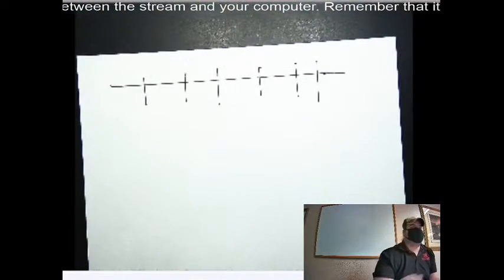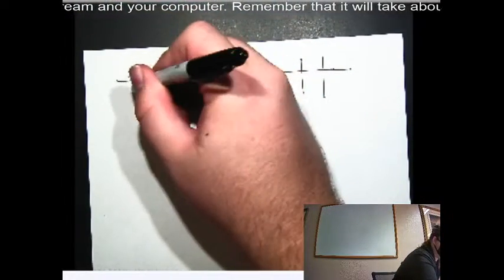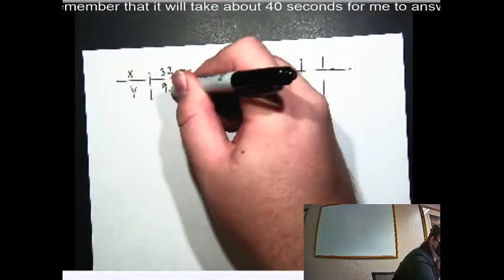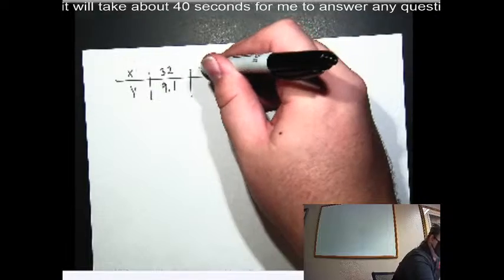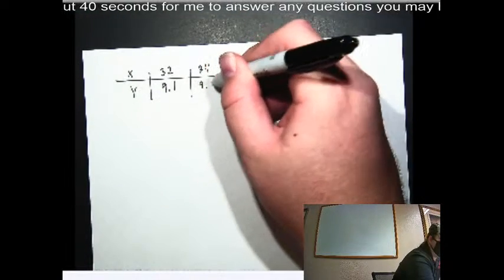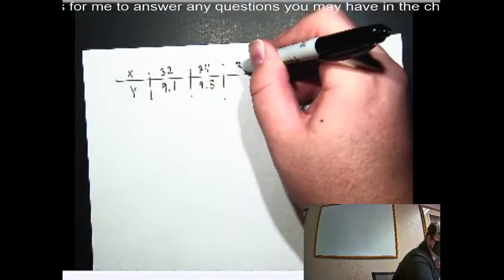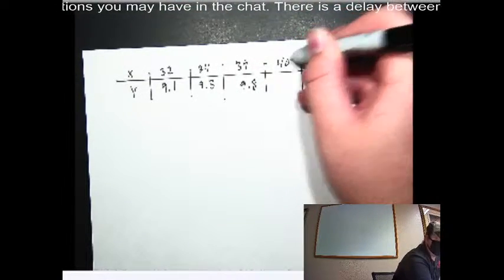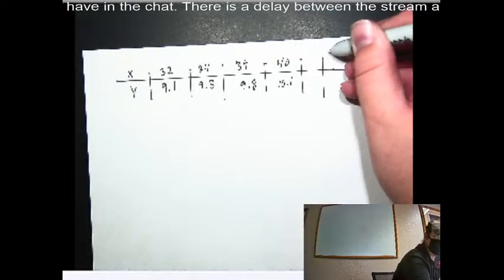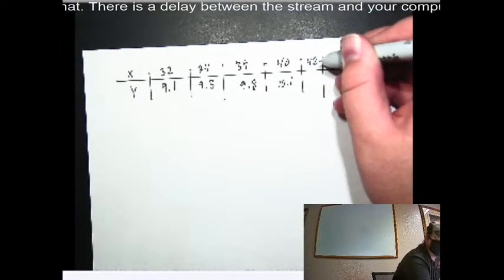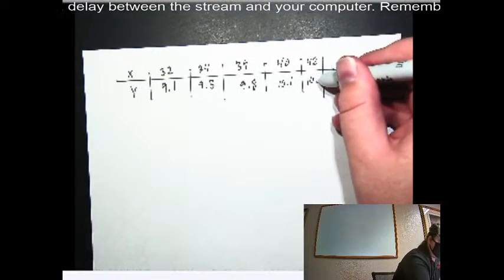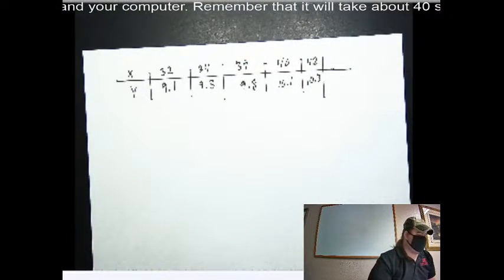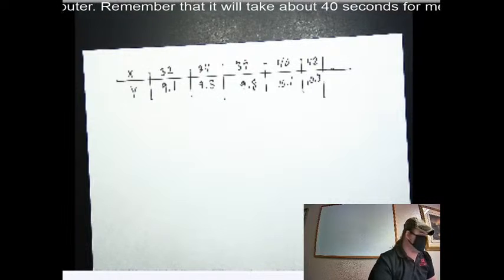Okay, and let's see, I've got x's and y's. X is 32, y is 9.1, and I'll just fill in all this data. And so again, this could be anything.